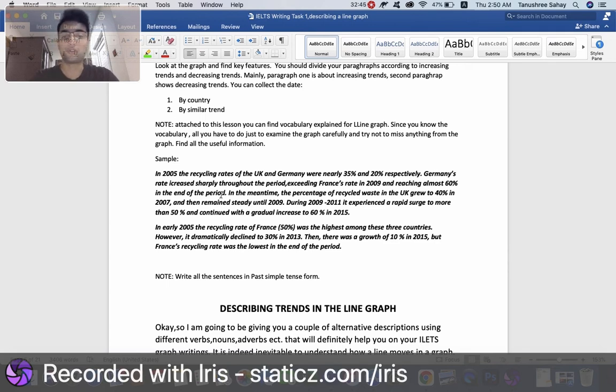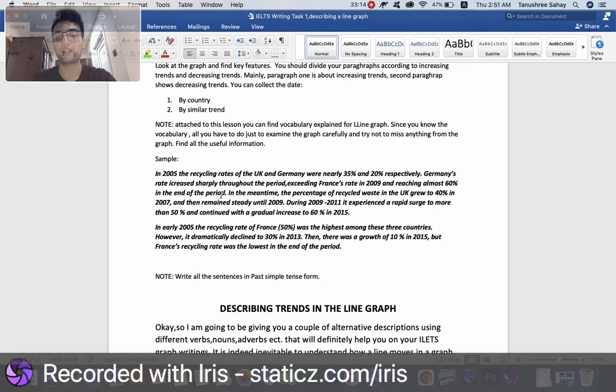And now I go for Germany for the beginning of the period. Mostly we start explaining our graph from the beginning of the period to the end of the period. So the beginning of the period was the year 2005 and the end of the period was the year 2015. So we have to mention all the years and all the movements that are going on in the graph.